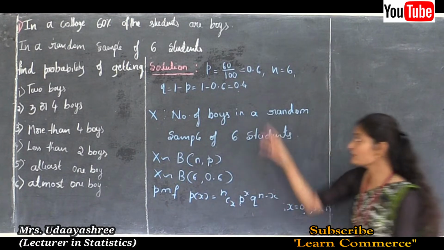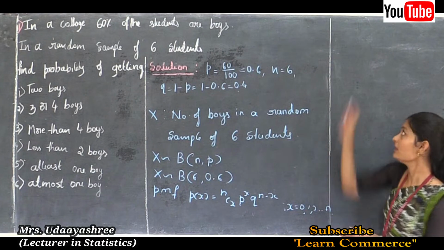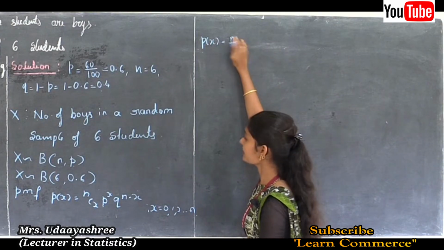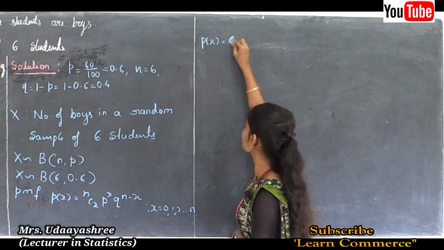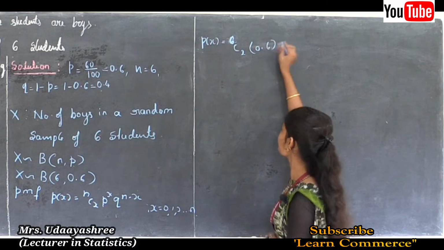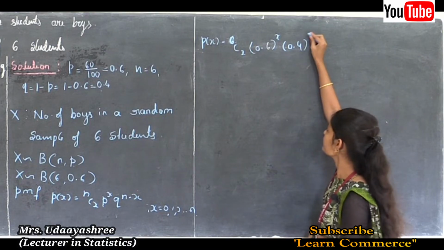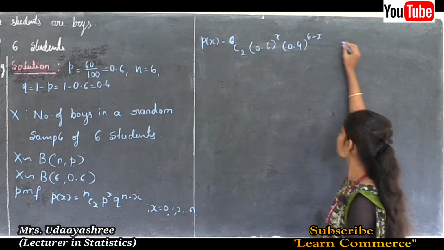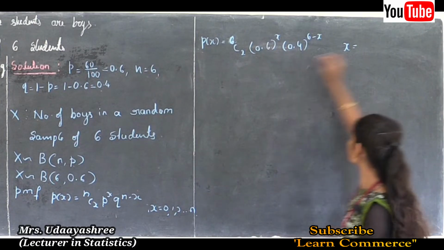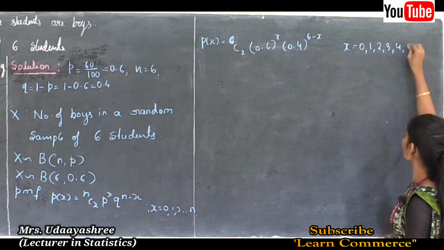Substituting the values: p of x is equal to 6Cx, 0.6 to the power x, 0.4 to the power 6 minus x. Here n is 6, so x is 0, 1, 2, 3, 4, 5 and 6.